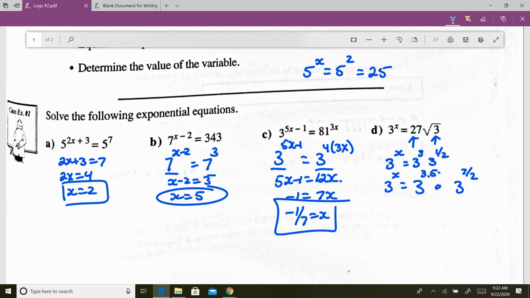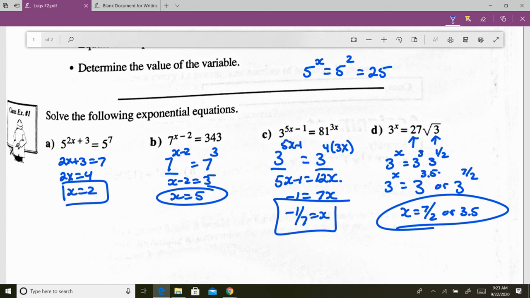I'll say 4. So what does x equal? 7 over 2 or 3.5? Is that okay?